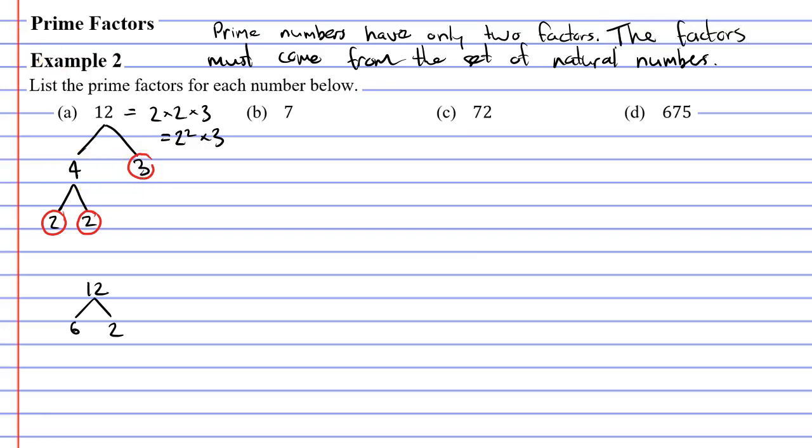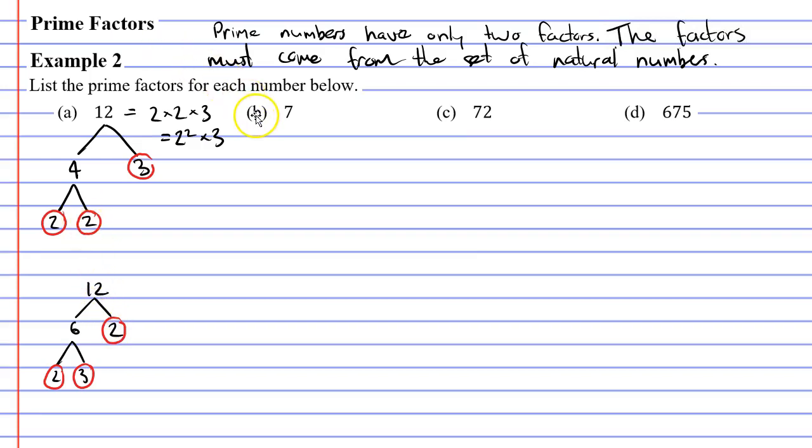Now when I get to 6 and 2, I'm going to circle the 2 because it's prime, and then when I branch out from the 6, I get 2 and 3. And I'm going to circle these because these are prime numbers as well. Notice that I got the same list of prime factors. It doesn't matter how you branch out, you will always get the same list of prime factors here.